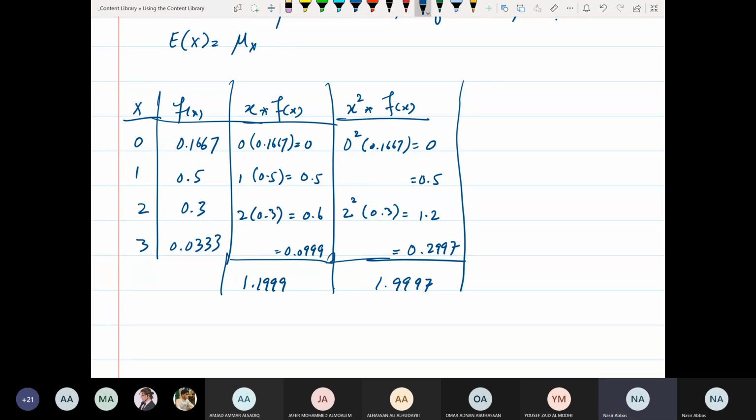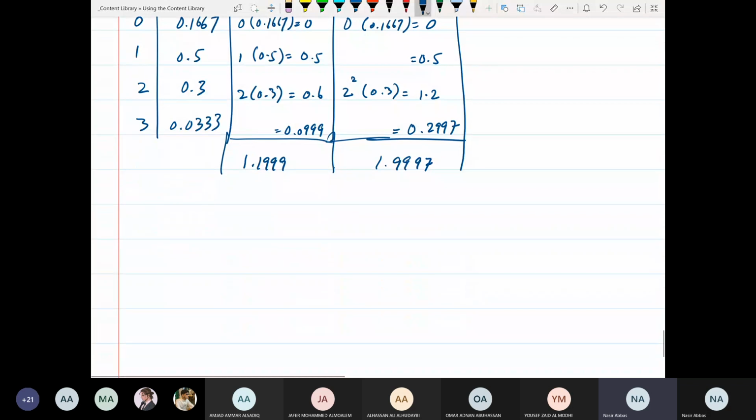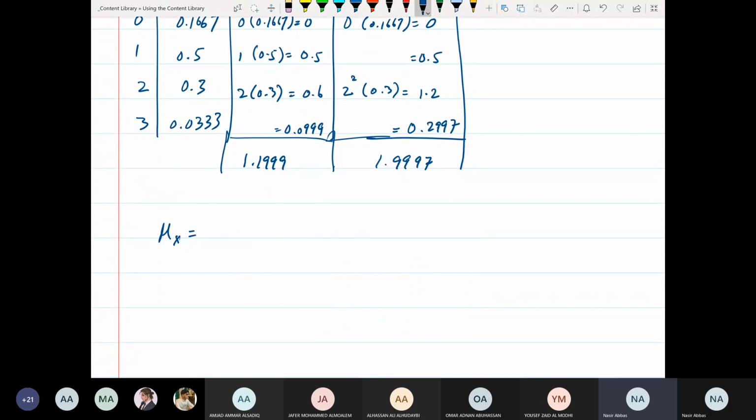So from these two columns, I can simply find my mean equals 1.1999 and my variance equals 1.9997 minus 1.1999 squared, and this is going to be equal to 0.5599.